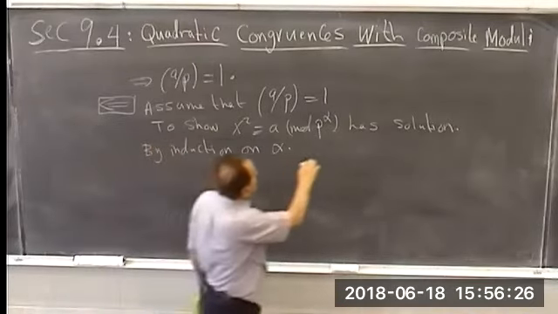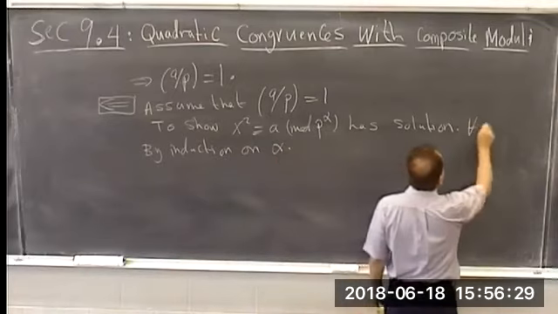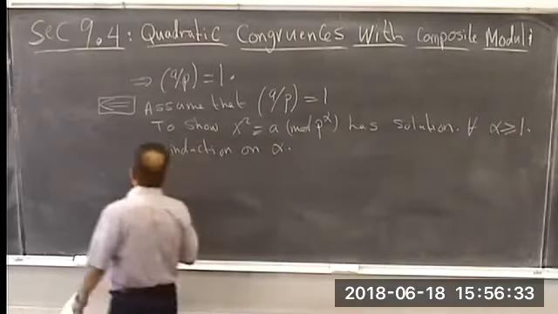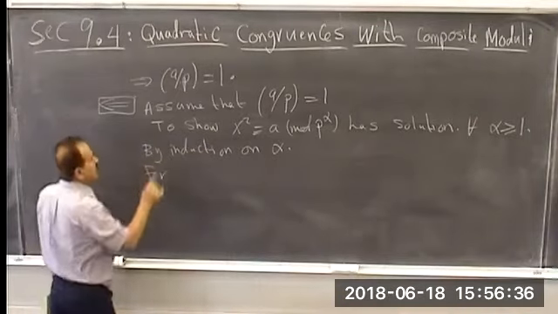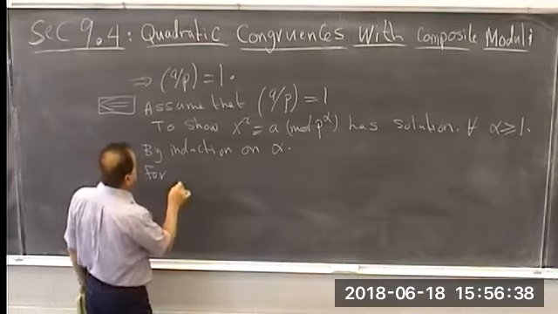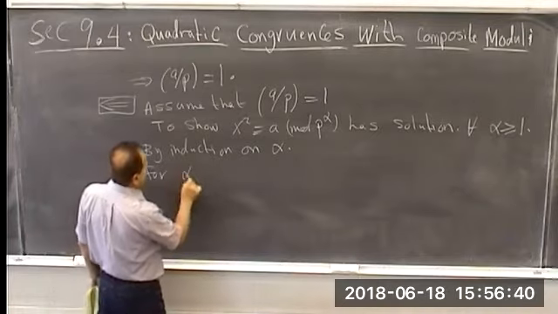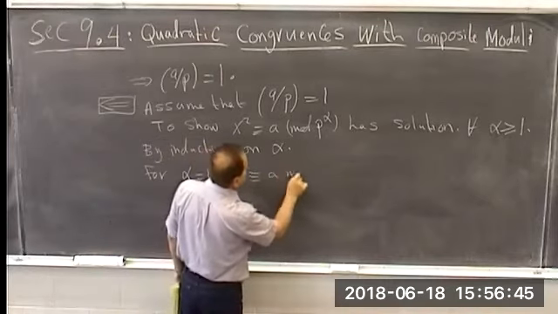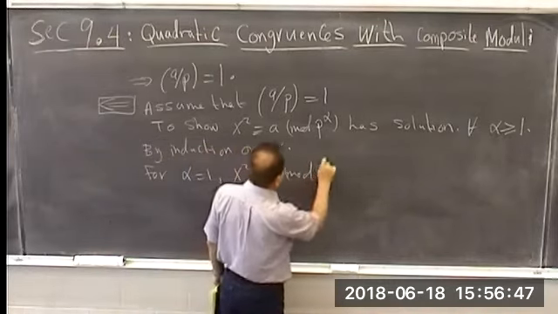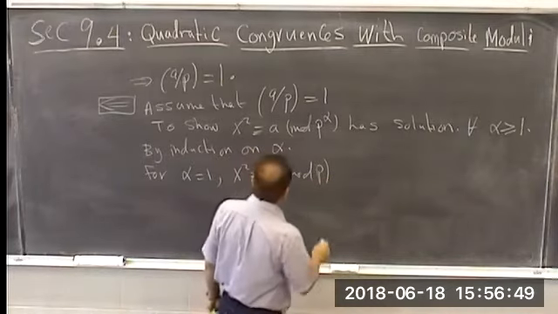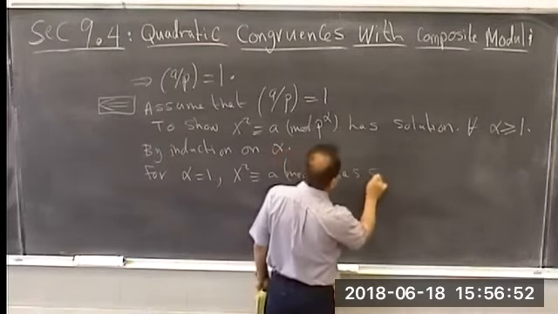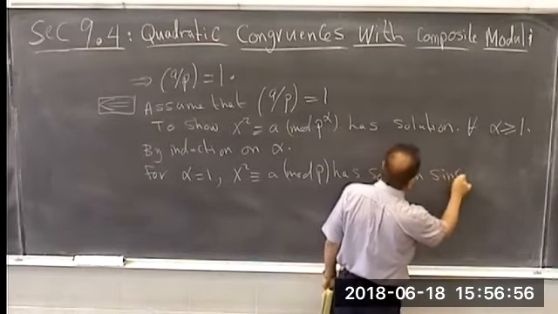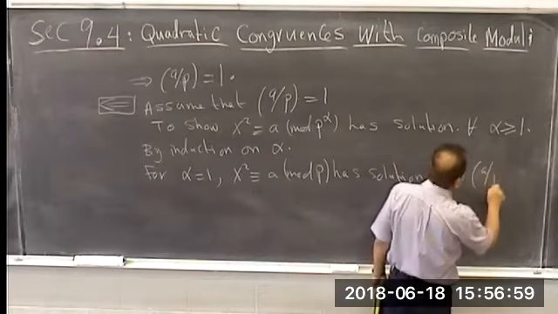All right, here of course we want a solution for every alpha bigger than or equal to 1. So for alpha equal 1, we obtain the original congruence x squared congruent to a mod p. This has a solution since by assumption (a/p) is equal to 1.